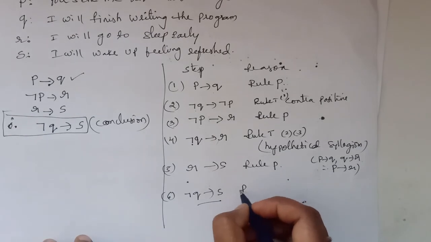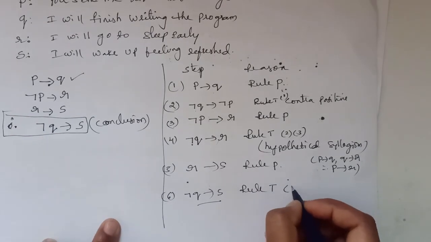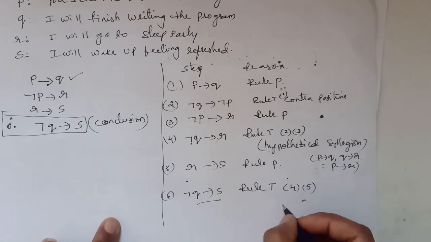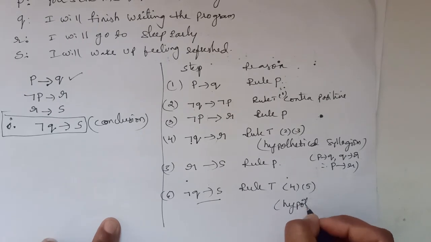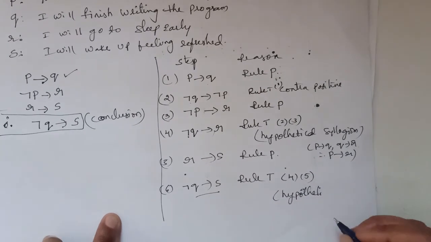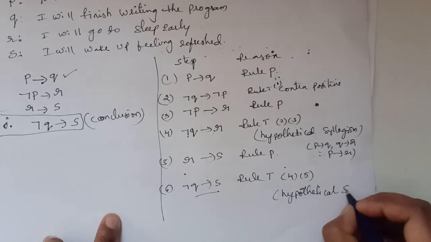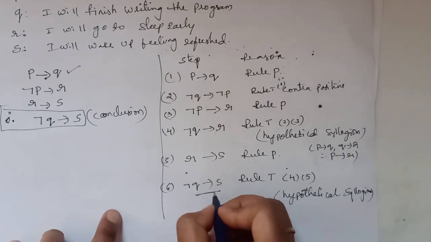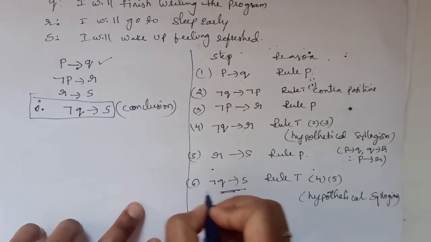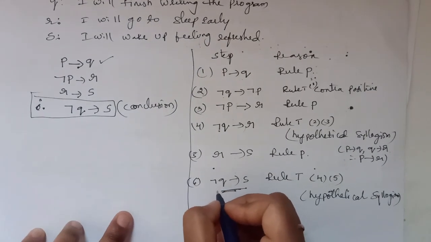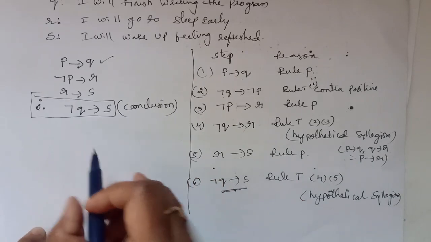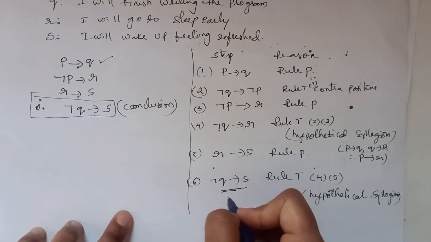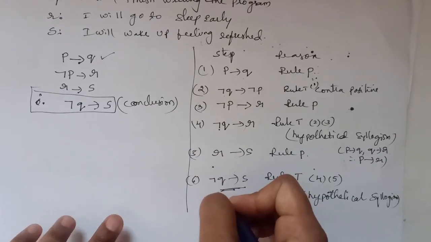So this is rule T from statements 4, 5 using hypothetical syllogism. Therefore, we have shown that this is our conclusion, negation Q conditional S. We have shown that this is a valid conclusion.